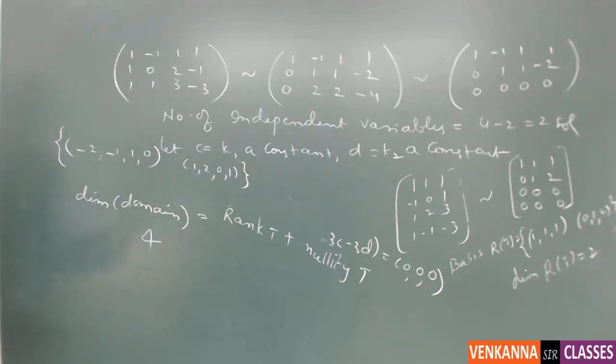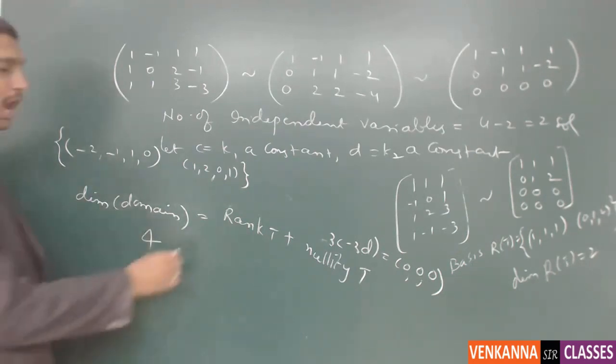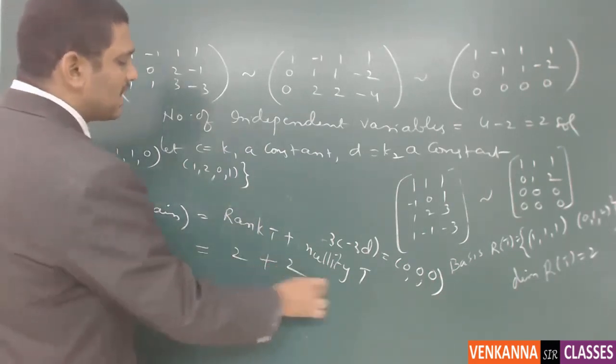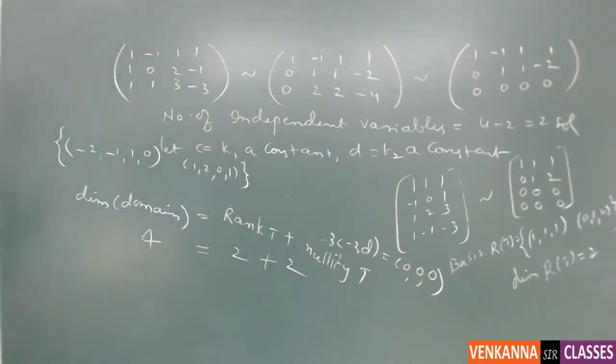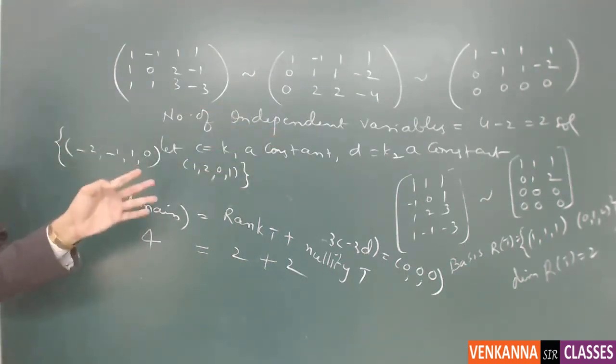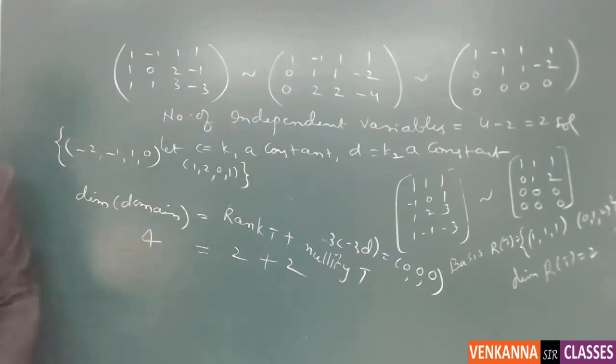Domain is V4, its dimension is 4, and you observe that the rank of the transformation is 2 and the nullity of the transformation is 2, because there you got a 2 vector basis, here you got a 2 vector basis. Hence the rank nullity theorem is satisfied.